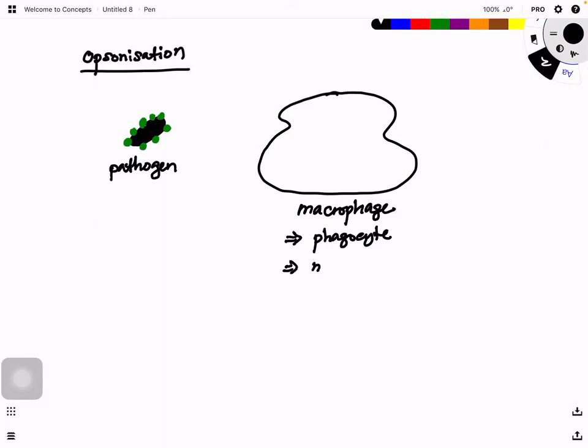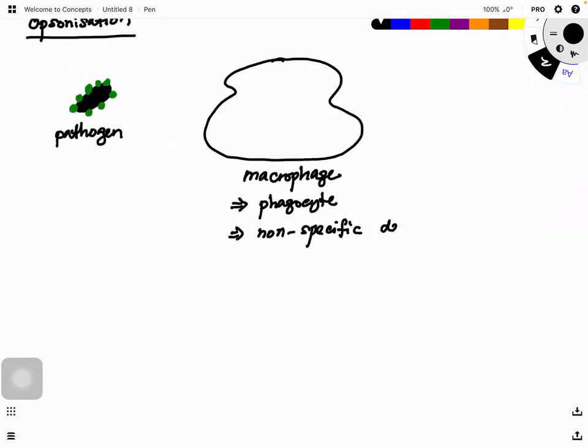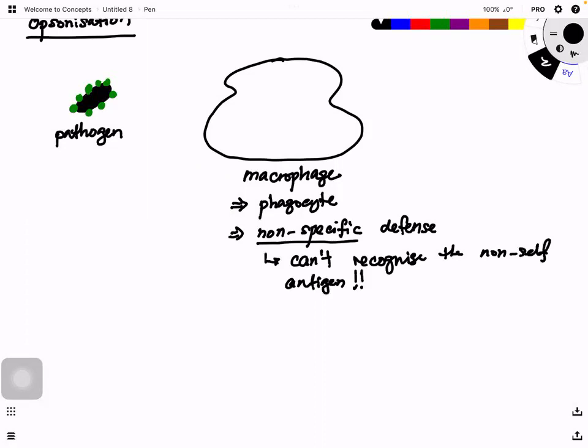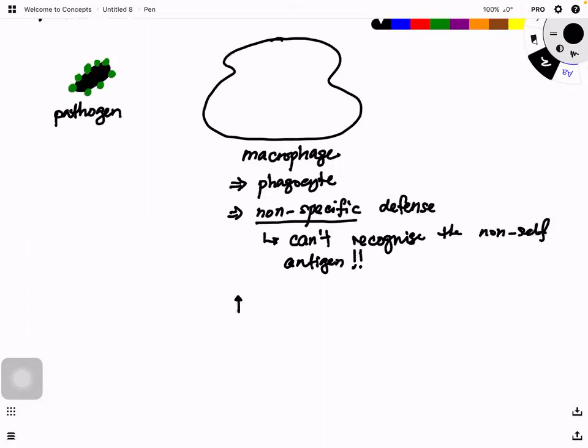They are involved in non-specific defense mechanisms, which means that they cannot recognize the antigen. So, in order to increase the phagocytosis, we perform what we call labeling by antibody.